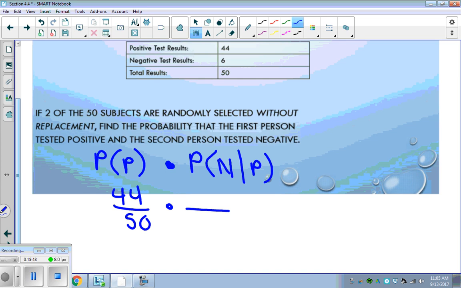I have one less because I took one person away, so my denominator is going to be 49. Did I choose a person that was negative before? No, I chose a person that was positive before, so my numerator is going to be what? 6.